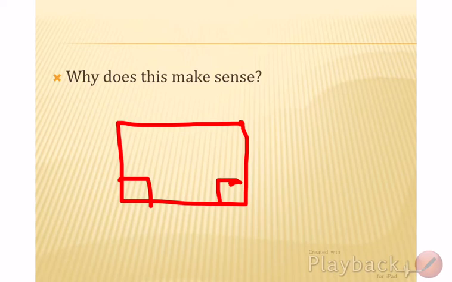So with a four-sided shape, if we had 90 degrees and 90 degrees, then this would be 90 and this would be 90. That means that this angle is congruent to this angle because they're both 90 degrees.